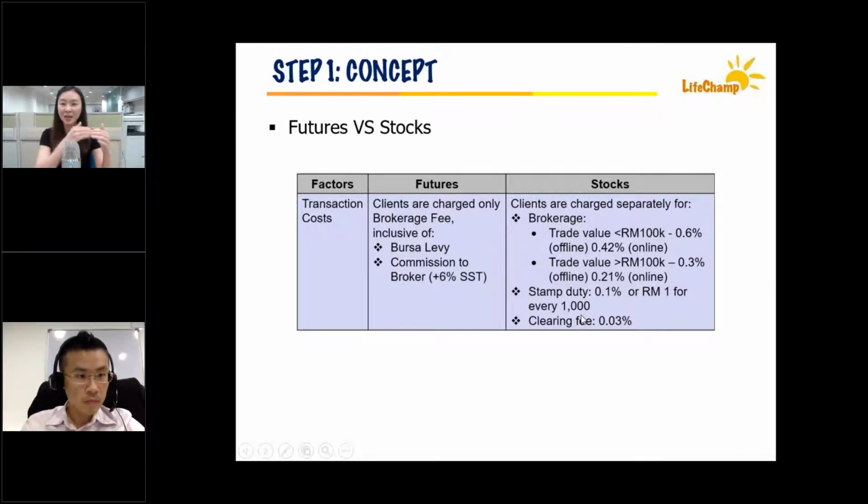So you have a few different charges depending on the amount. It is not a very simple structure of brokerage charging. So this is one of the reasons why people go for futures.